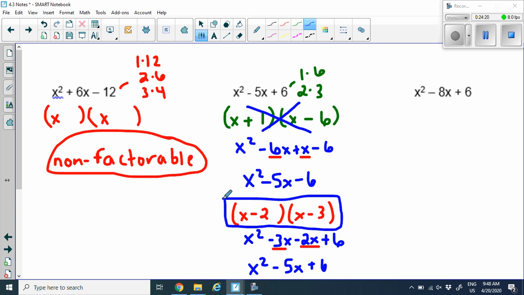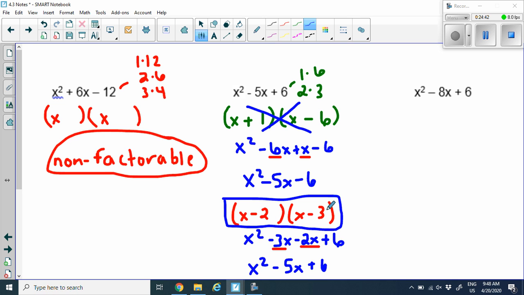So there is only one way to factor these quadratic expressions, okay? So if you think there are multiple ways, there actually is only one right answer. Now remember, you could mix these up, so you could have x minus 3, x minus 2. That is okay. It's because multiplication, order doesn't matter.